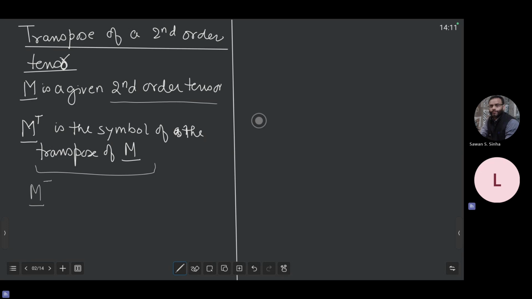M transpose will look like M itself, but there is a difference. See the difference? What's the difference? Ij, here it is Ij, but here it is Ej here. That is the definition of transpose.